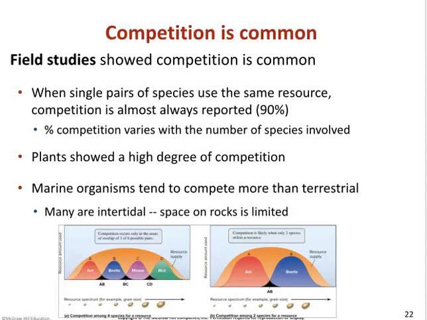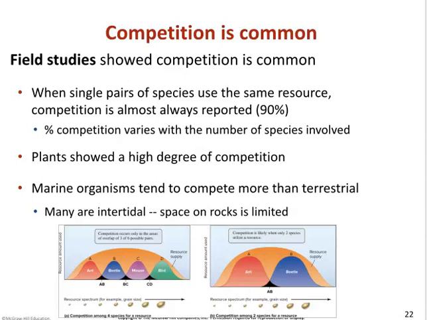But as more species are introduced that are trying to compete for the same organisms, you will see lower rates of survival and resources because they're using similar resources. The amount of competition will vary, dependent on the number of species competing for the resources.